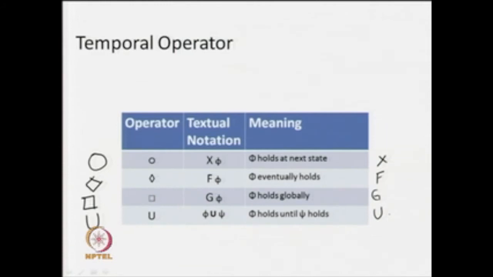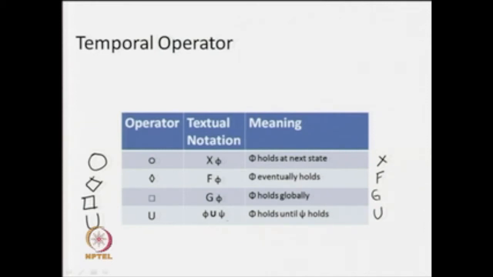In the case of X phi, it means that in the next state phi holds. If I say F phi, it says that the formula phi holds eventually, that means in some future state this formula phi will hold. G phi, which is globally phi, says that phi is always true in the system, that means in all states phi is true.